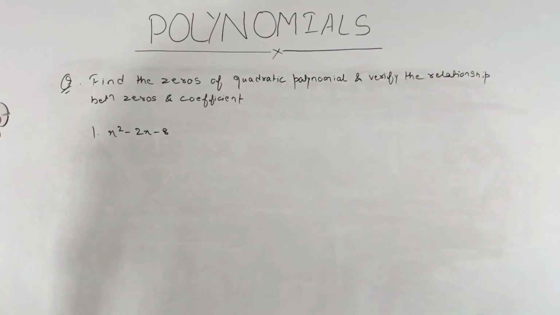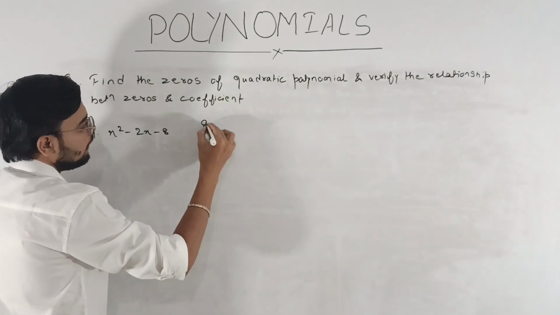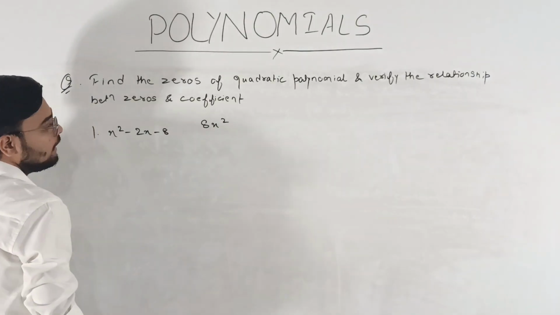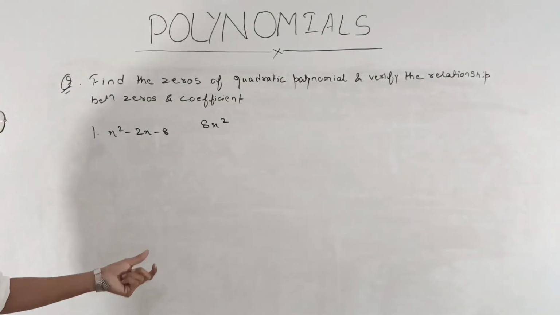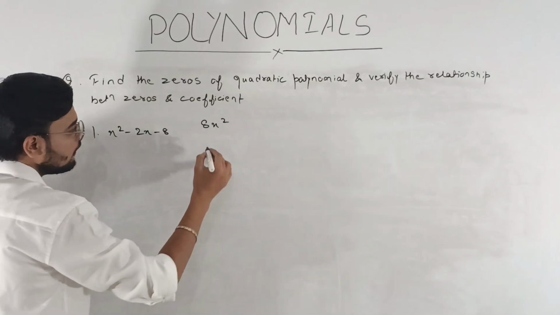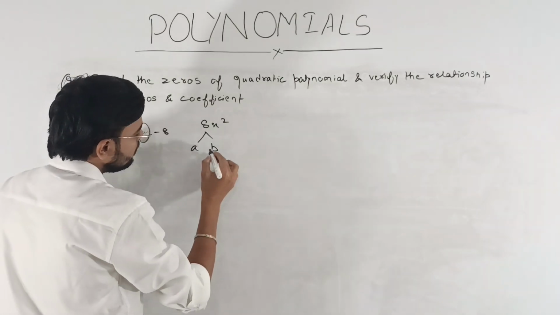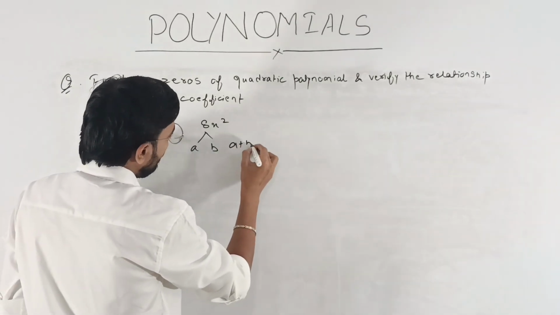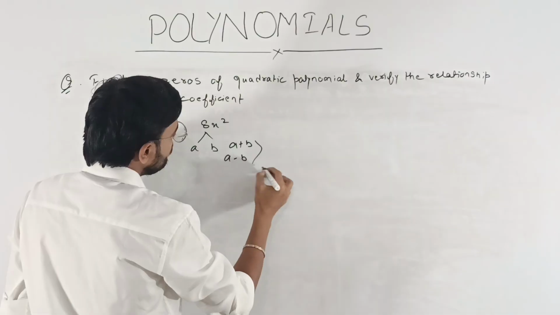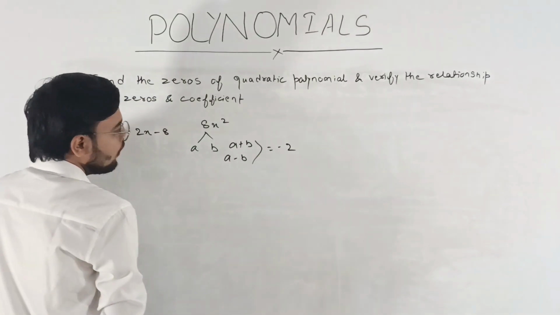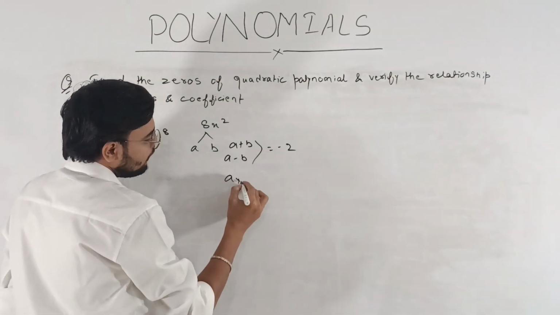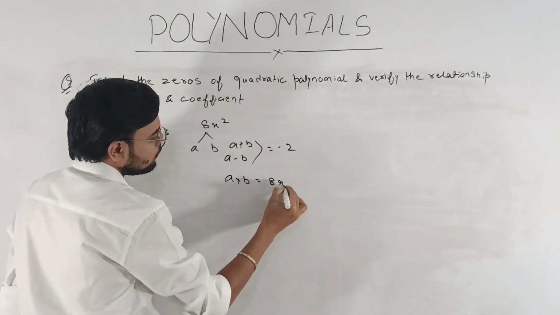Then second step, we split 8x square into two terms like that. If we add or subtract these two terms, we get minus 2, and if we multiply, we get 8x square.